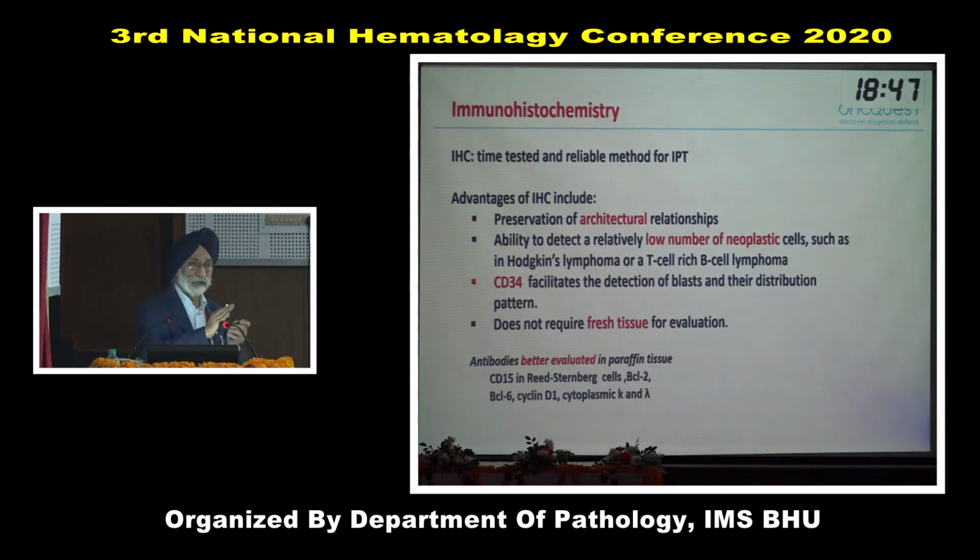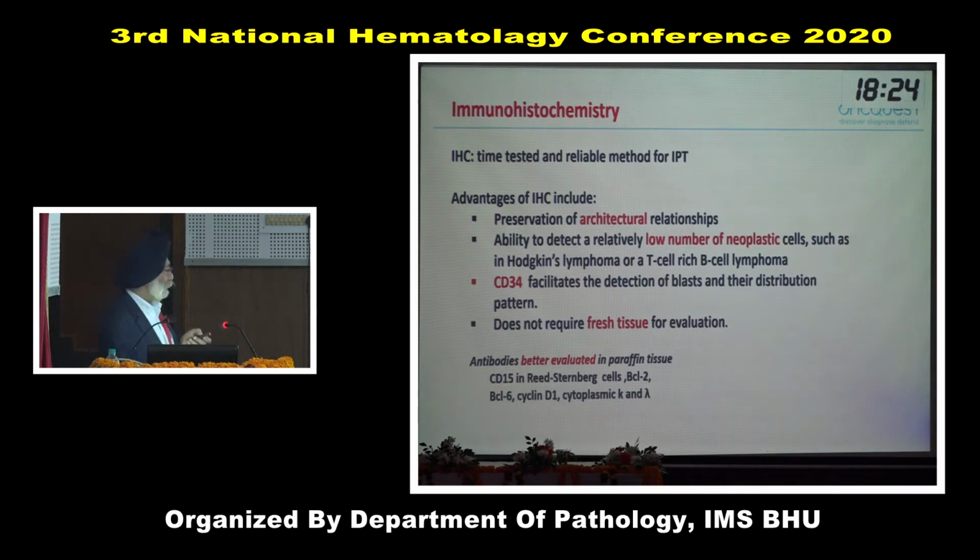We know that this is a megakaryocyte, these are the leukemic cells, these are the erythroid cells. A low number of neoplastic cells can also be picked up by immunohistochemistry. And then it does not require fresh tissue. You have already made a block, and that paraffin block is good enough for multiple sections of the trephine biopsy to diagnose a case.